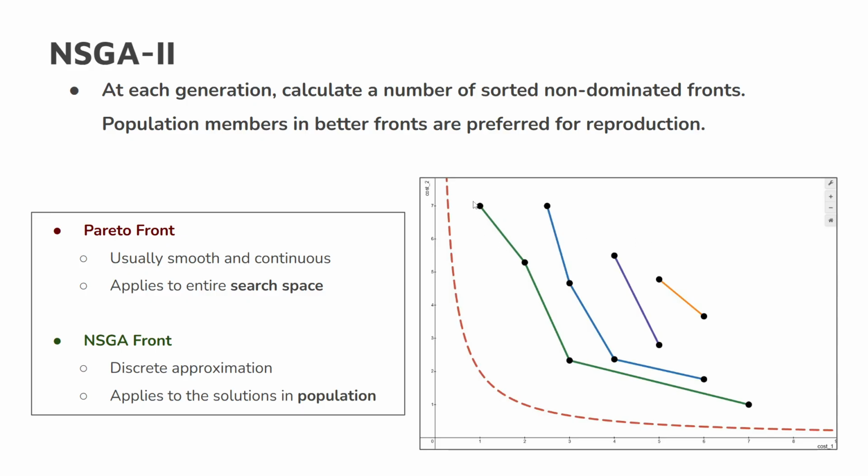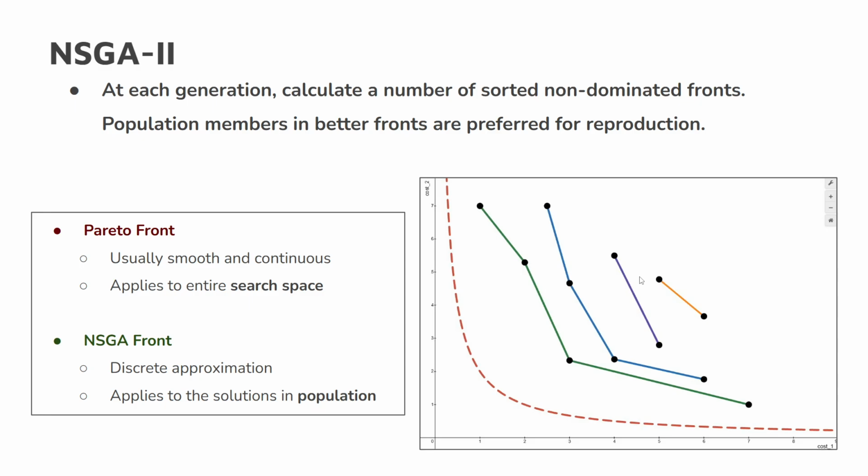So, you can rank these: one front is completely non-dominated, and then taking that out of consideration, the blue one becomes the next totally non-dominated set of solutions, and so on.